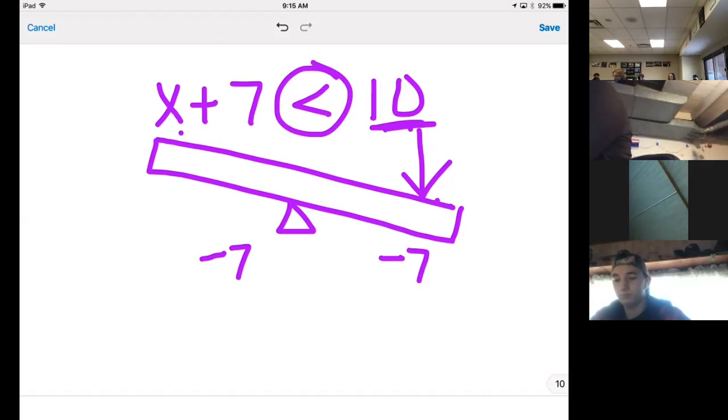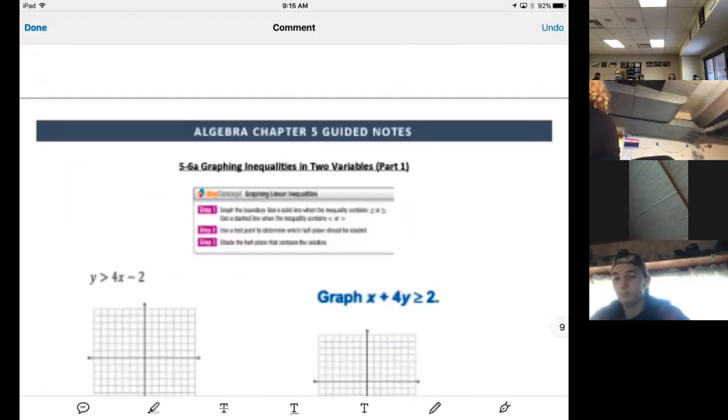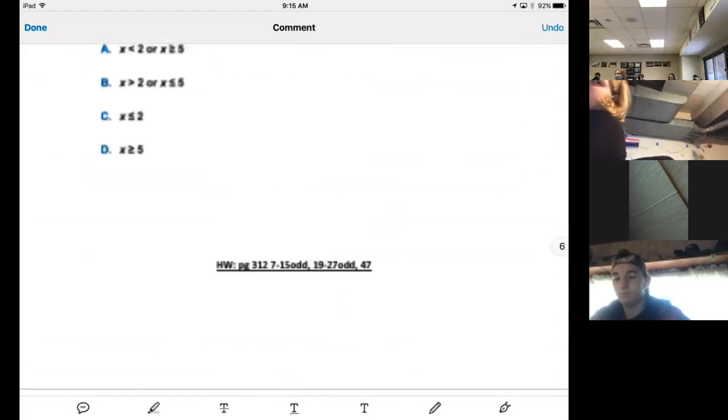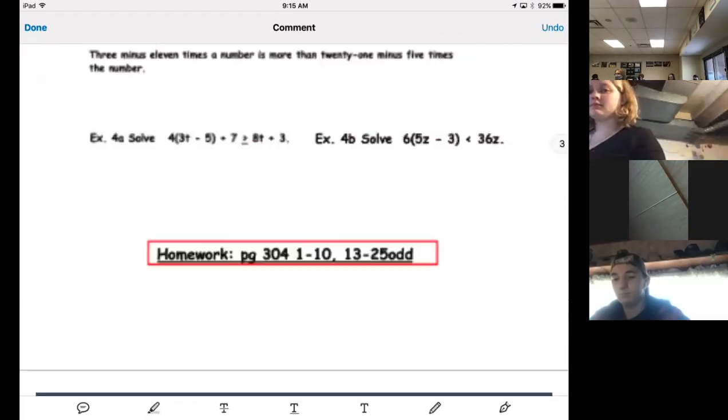So if I add something to both sides or we subtract something to both sides, we still have that same inequality. Now, why is this important? Let's go back up to our actual work. Sorry, hopefully I'm not making anybody sick.